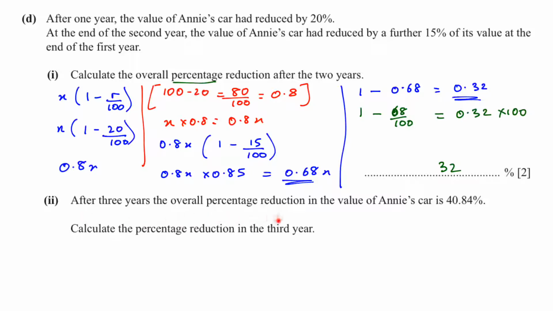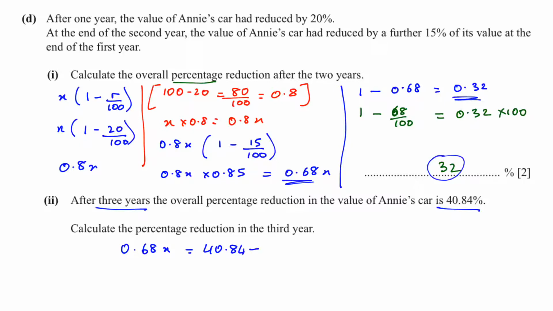After 3 years, the overall percentage reduction in the value of any car is 40.84. Calculate the percentage reduction in the third year. So this is our value in second year, 0.68x. And we have the reduction 40.84, but this is after 3 years. And till 2 years, we have 32%.